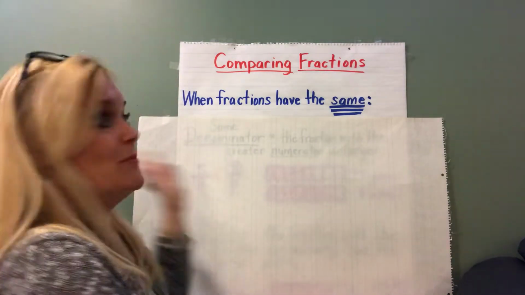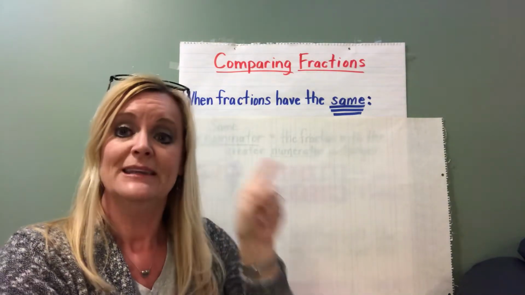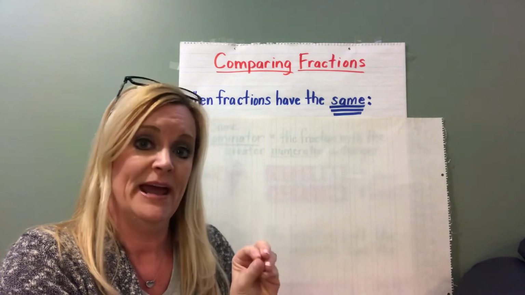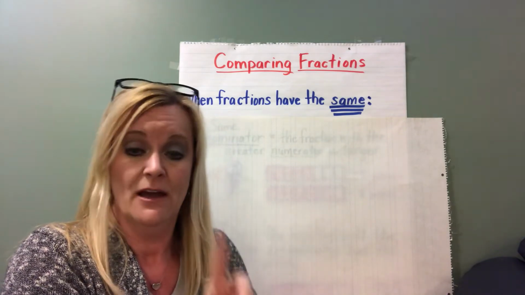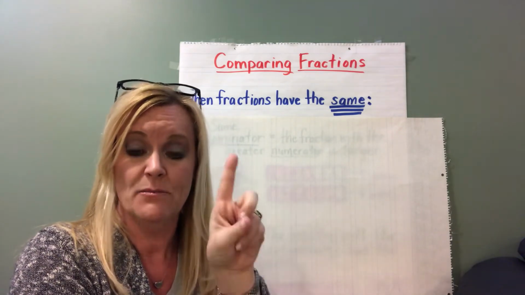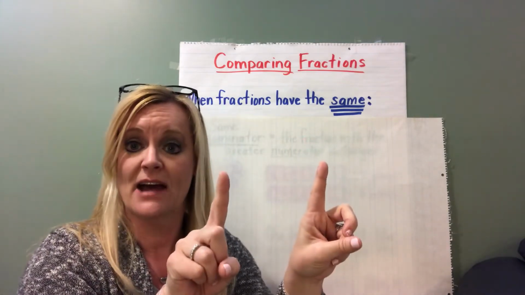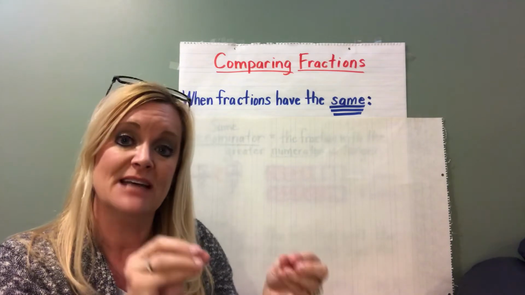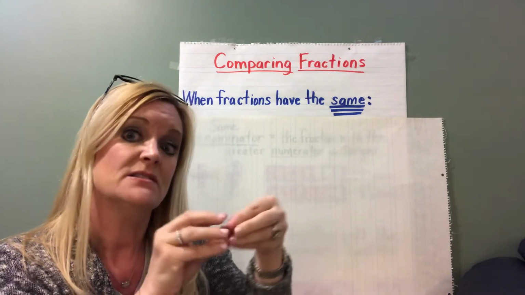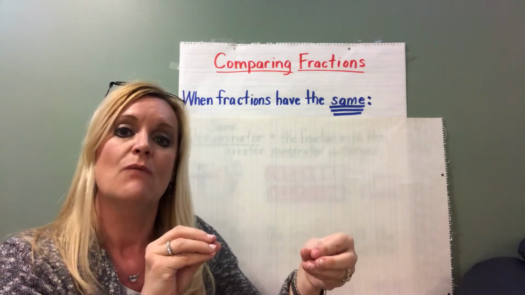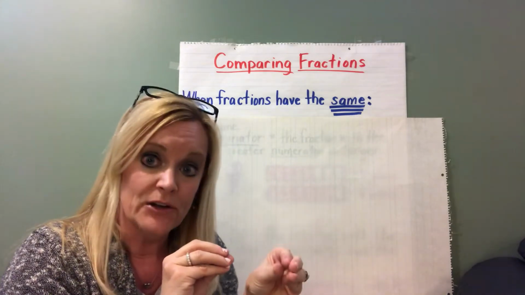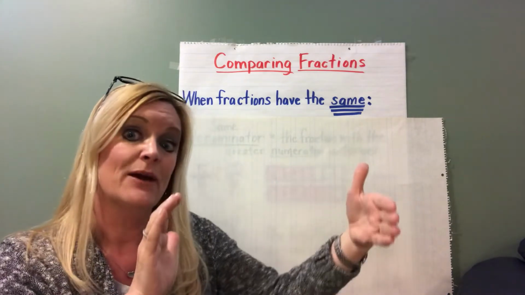So, comparing fractions. Last week we talked about comparing unit fractions, and we talked about it was always one piece of one object and one piece of another object, and we learned that depending on the size of the equal pieces, the number of equal pieces. Remember, we always went with the smaller denominator because it had the bigger pieces.